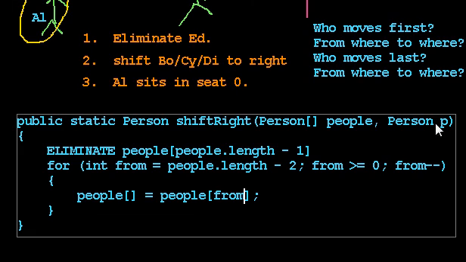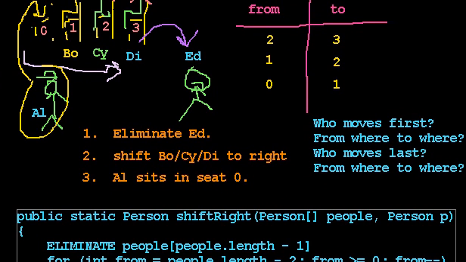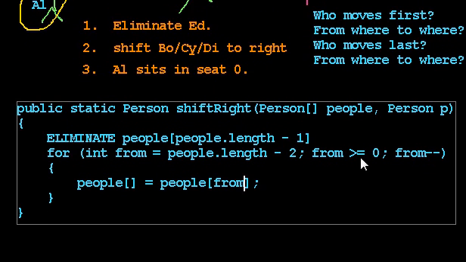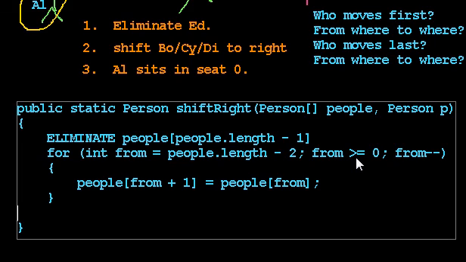And the place they move to is one seat to the right, and as you can see, the place we're moving to is always one higher than from. So move to position from plus 1. And then having done that, we're supposed to actually sit person P all the way on the left, right? Al sits in seat 0. So person P is going to sit in seat 0.